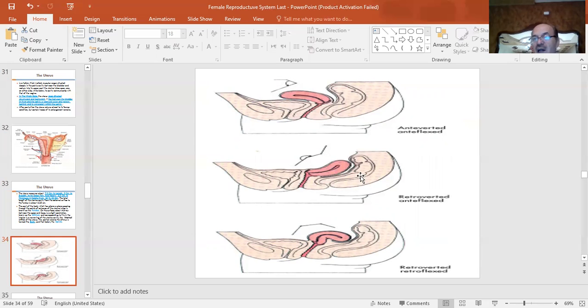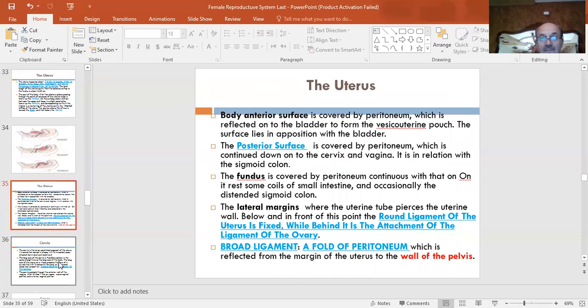And this usually occurs sometimes following unmanaged delivery, let me say. The anterior surface of the uterus is covered by peritoneum, and also the posterior surface. The lateral margins are where you have the entry of the uterine tube.